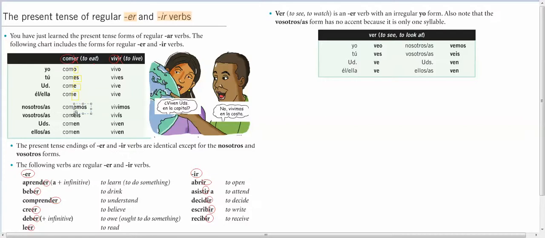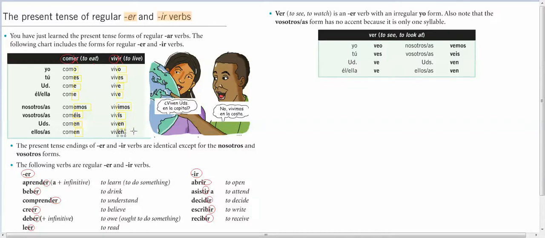EMOS, an EIS, an EN, okay? And for IRs, you add an O, an ES, an E, an IMOS, an IS, an EN.